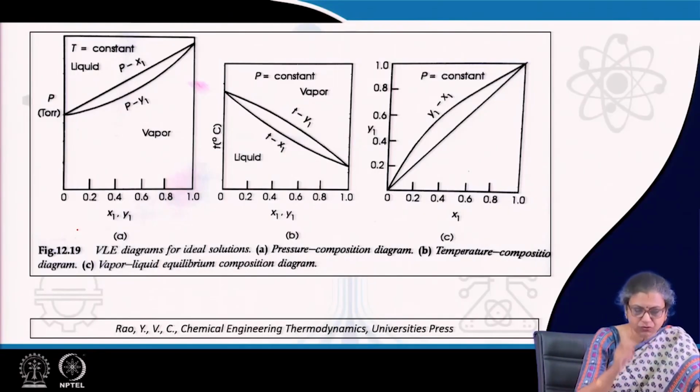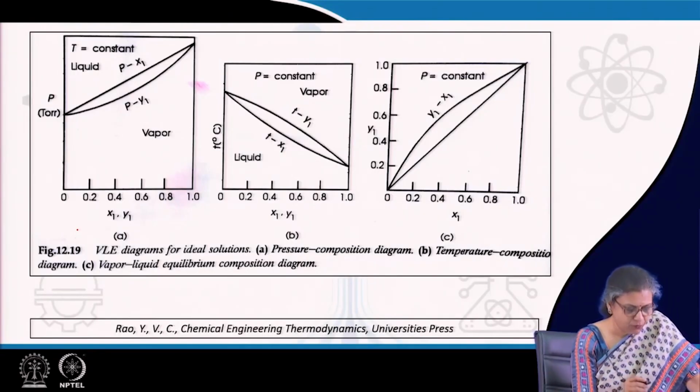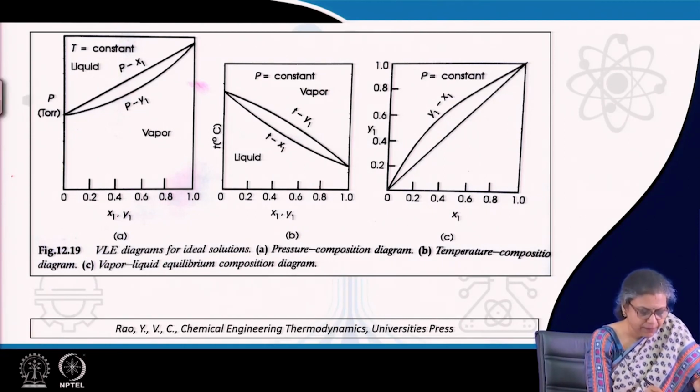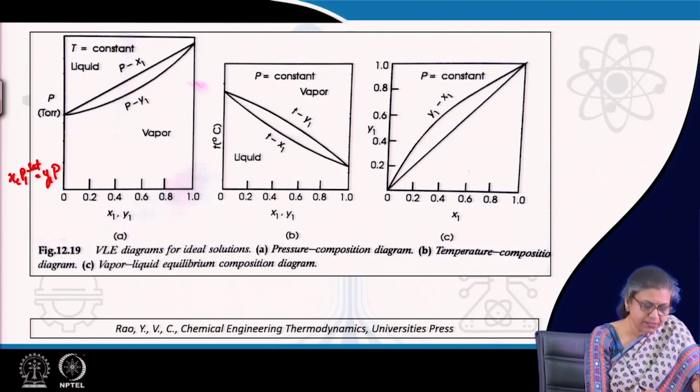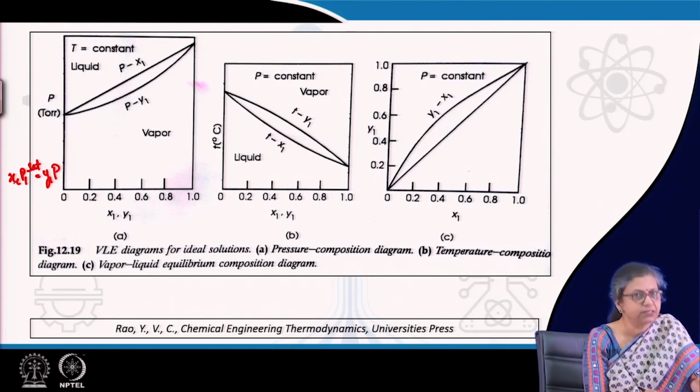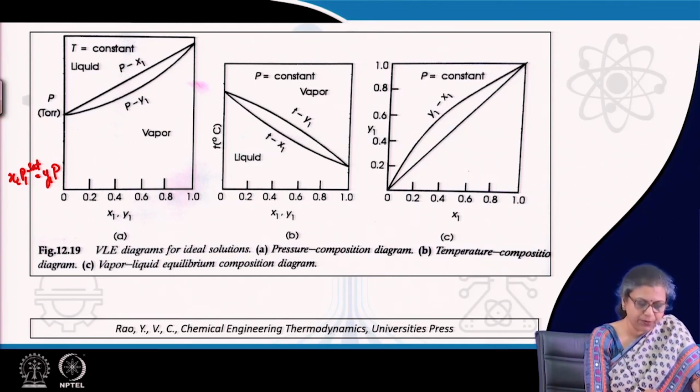For Pxy data, xi Pi saturated equals yi P, which means the pressure varies linearly with the composition in the liquid phase. As a result, P versus x1 is linear and P versus y1 is something of this sort. Above this we have a liquid at higher pressures, and at lower pressures there is a vapor.